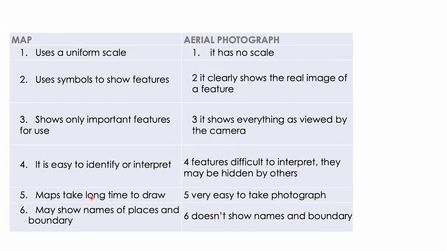The other difference is that maps can take a long time to draw, while photographs are very easy to take. Maps take a long time to draw, while aerial photographs are very easy to take.